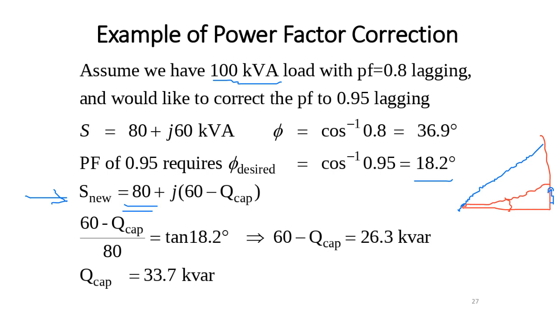Okay. So how much capacitor do I need? I need this much capacitor, 33.7. Where is this capacitor here? This part. I want to take out this part from the generation, from the generators, and put it in the load. So I need to put a capacitor close to the load. Close to the load means it is in the factory itself, in the industry itself. So when you visit aluminum or steel or any big companies here, you will find a substation.